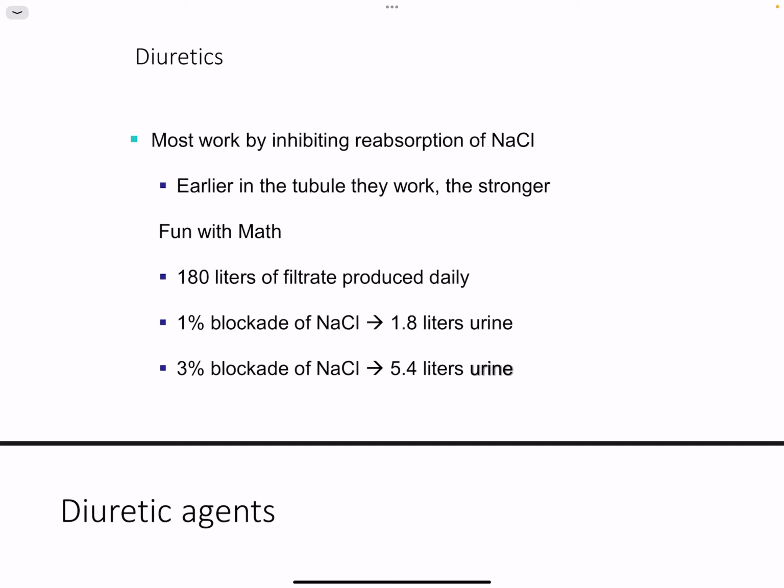Where should I write here, GFR. Because if you know these basic things, the rest is just story. GFR stands for glomerular filtration rate.